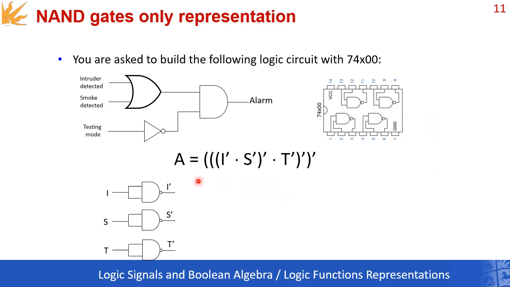Okay, now let's see how you would go from here to a NAND implementation. We got the NAND gates here, and we got our inputs: the intrusion detection, smoke detection, and the testing mode.